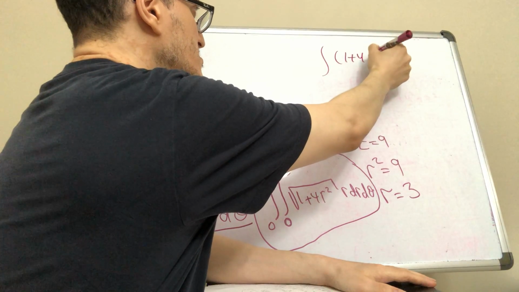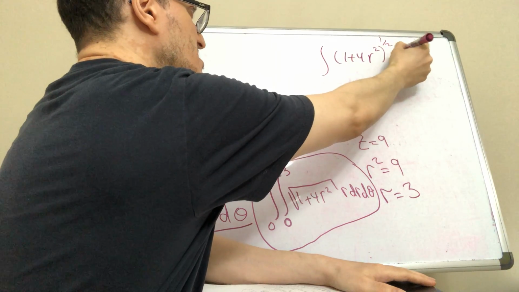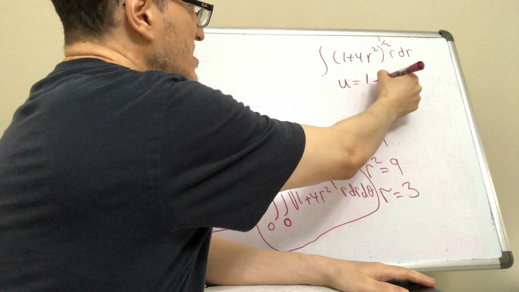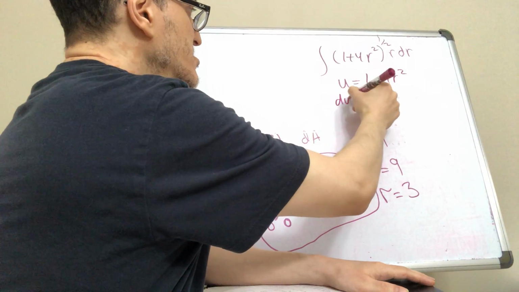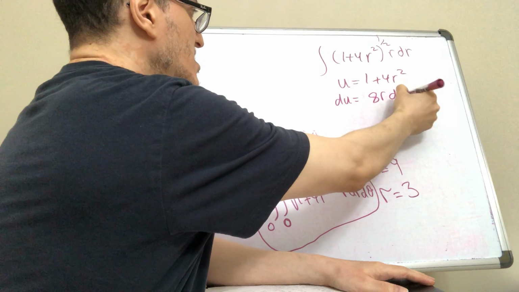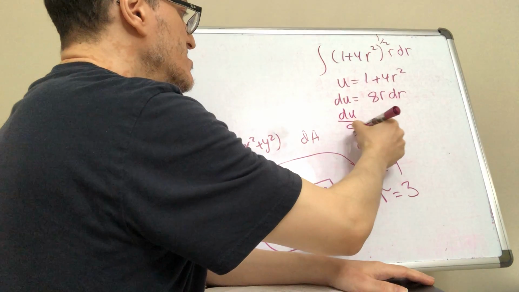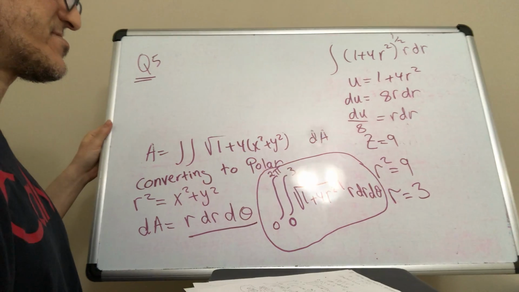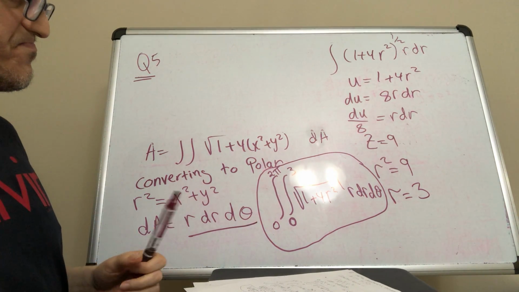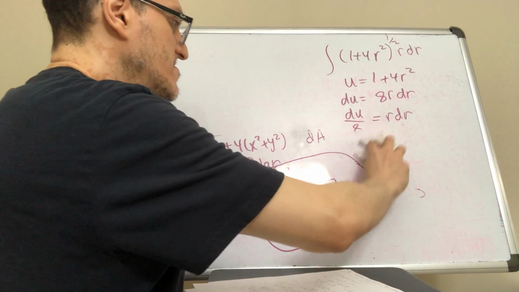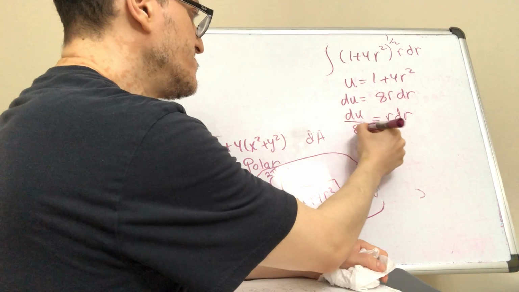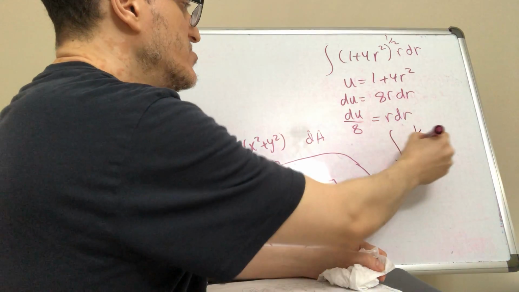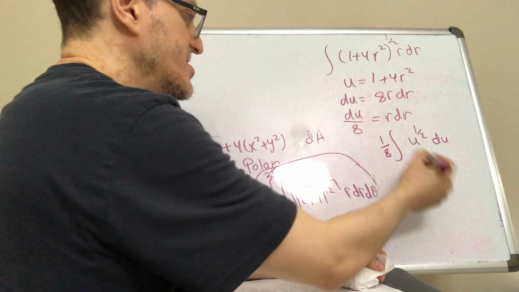I'm going to turn this into power half, and as you know, this is done using u substitution. u would be the inside, du would be 8r dr, then du over 8 is r dr. So it's like integrating u to the half, r dr would be du over 8.